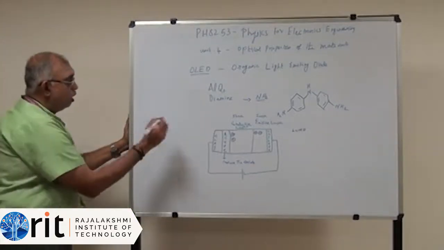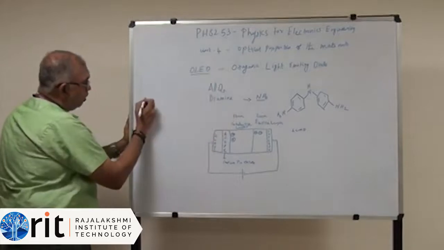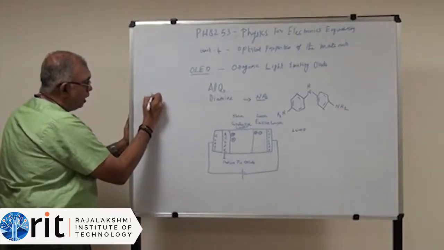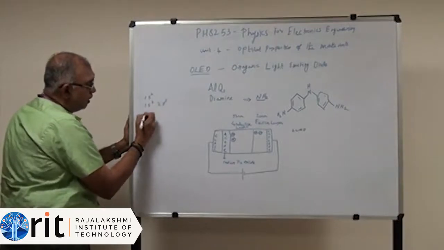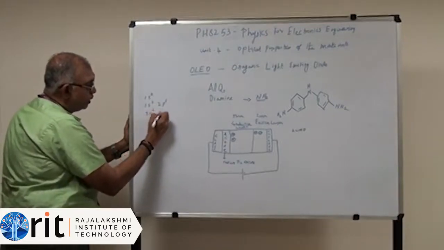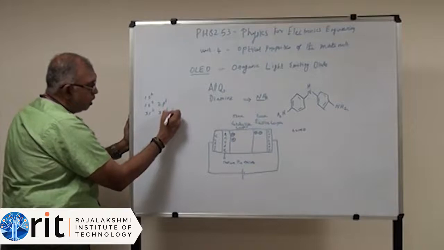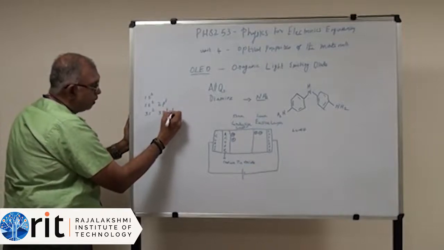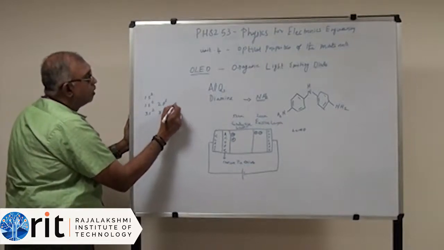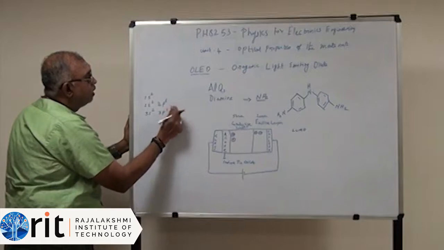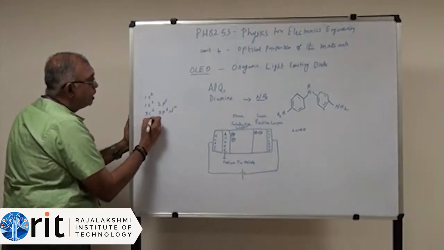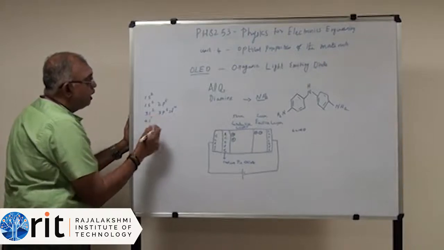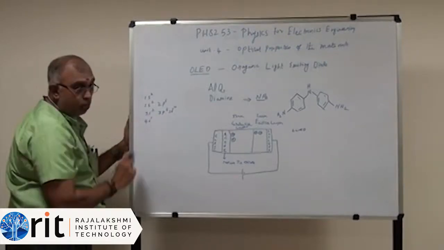For example, in AlQ3, you have 1s2, 2s2, 2p6, 3s2, 3p6, 3d10, then 4s2, and for example 4s1 is the lowest unoccupied one.